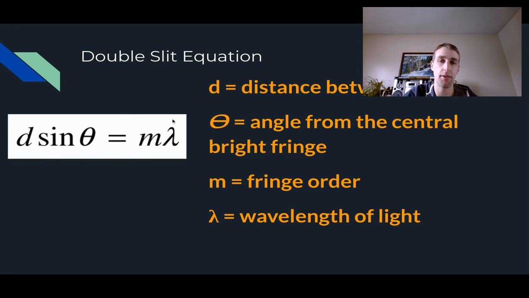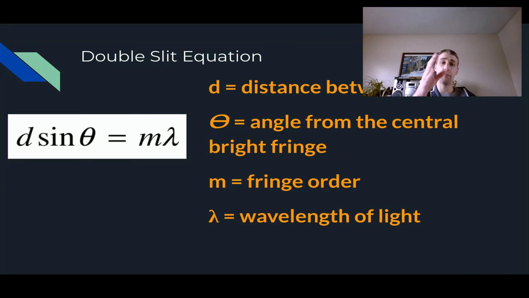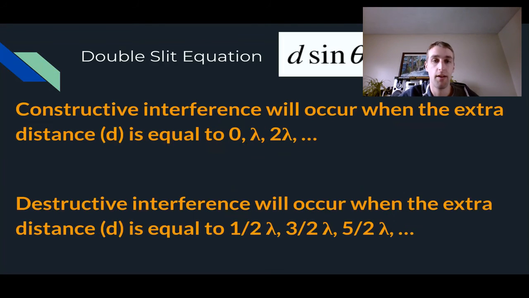Sine theta, remember, is the angle from the middle out to the point that you're looking at. m is the order of the fringe, which is just a whole number: 1, 2, 3, 4, 5. And lambda is the wavelength of light. We have to consider the wavelength because the extra distance being a multiple of the wavelength is going to be different if we look at different wavelengths of light.